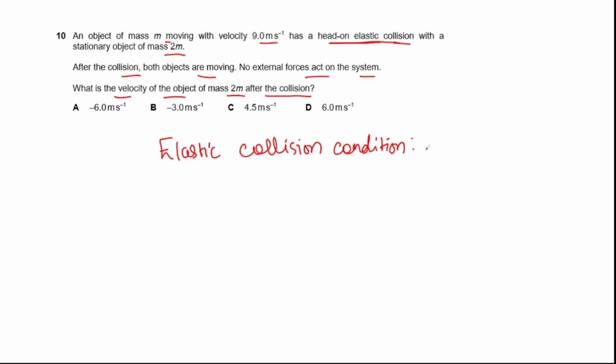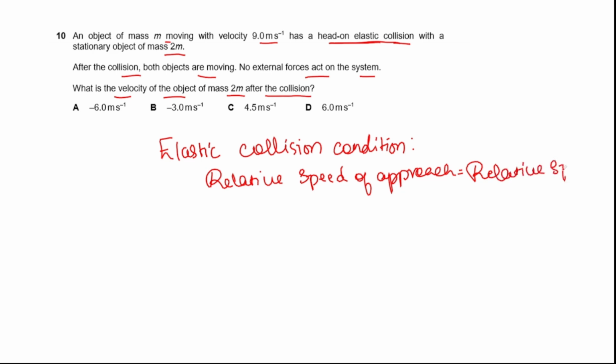In an elastic collision, the relative speed of approach is equal to the relative speed of separation. When they are approaching, the relative speed is 9 minus 0, because the object m is moving with velocity 9, but the second object is stationary.